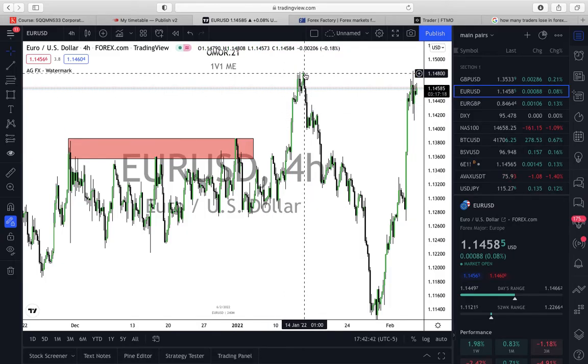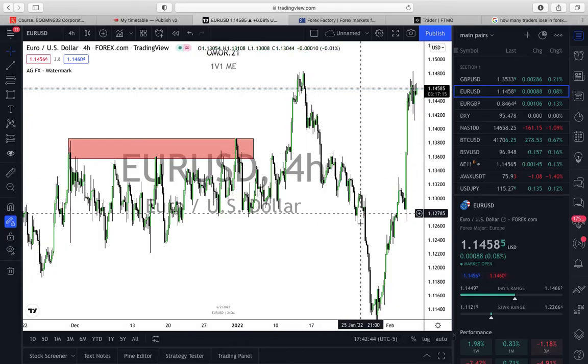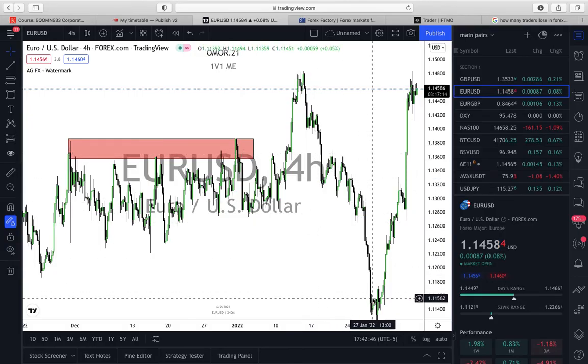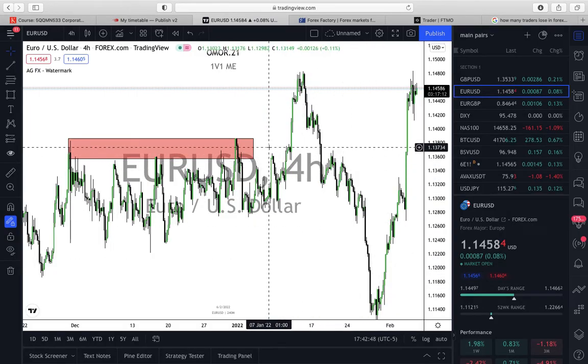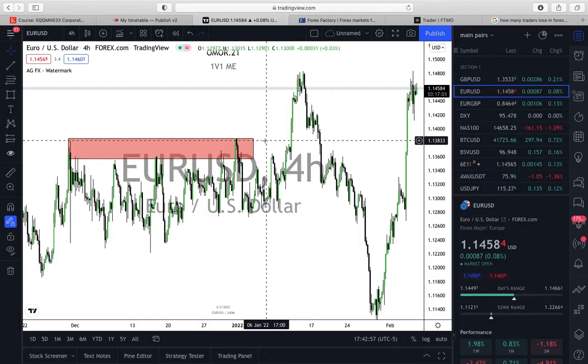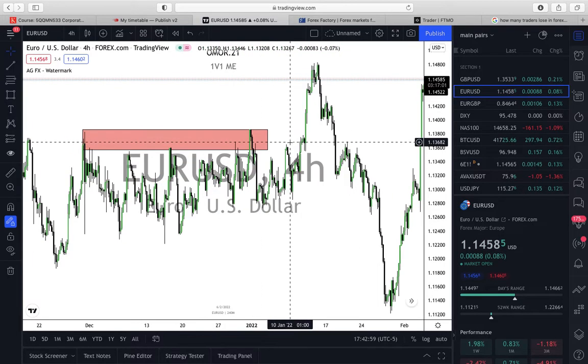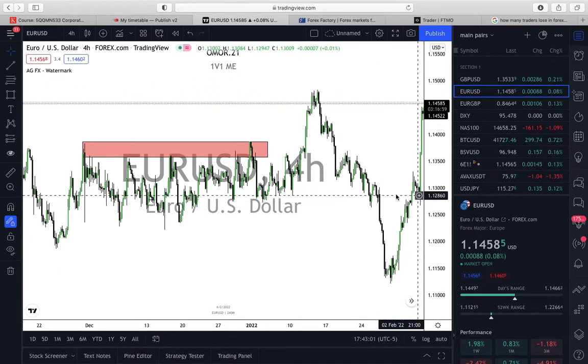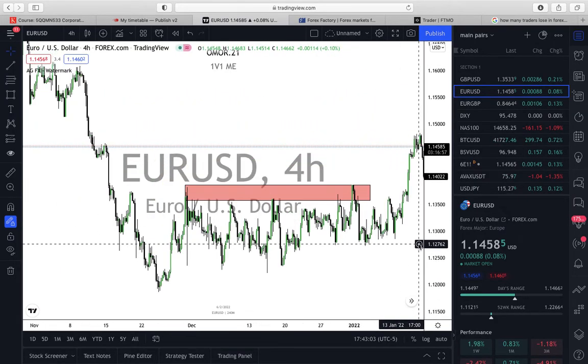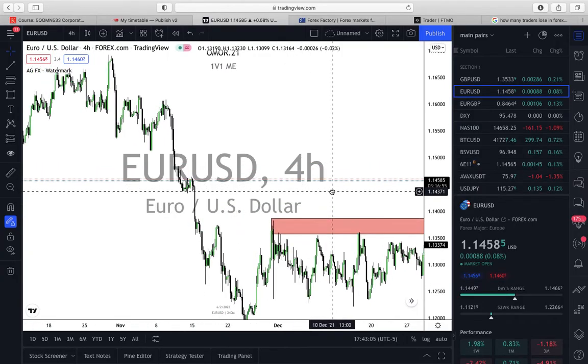For the big boys to sell. For them to sell, they need to have people or buyers to sell to. So let's look at every single significant move that happens.